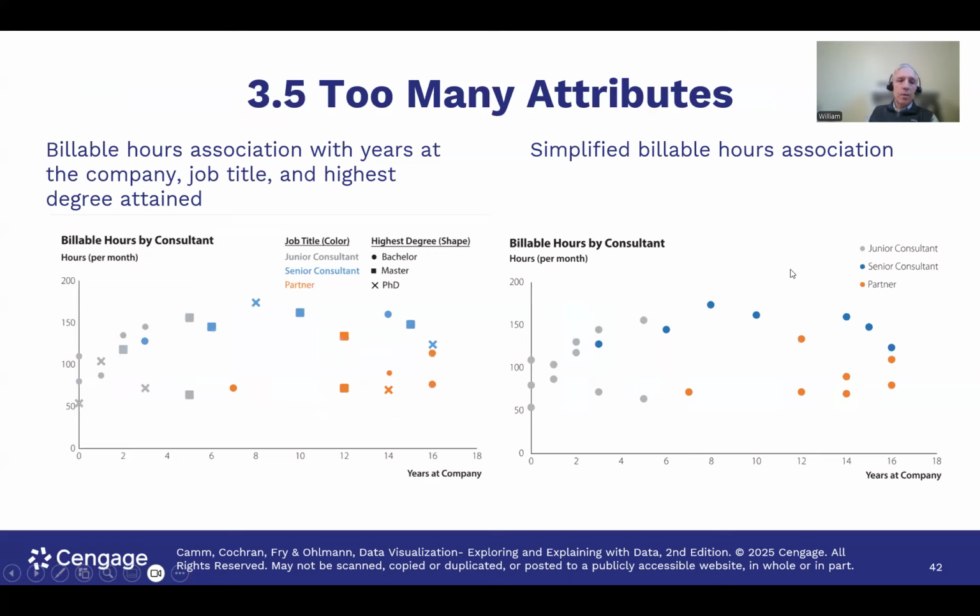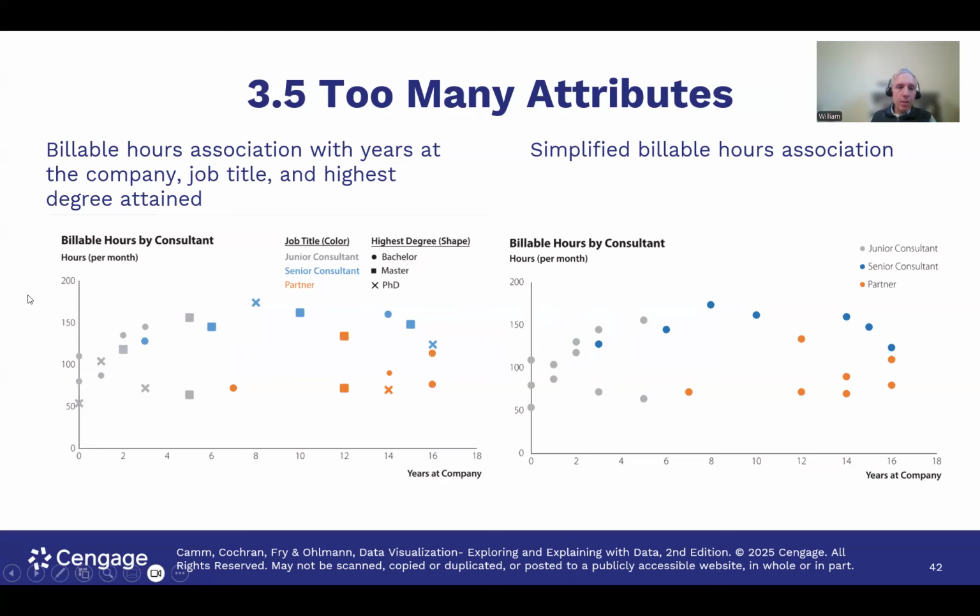Now, this chart on the left is one where they're trying to do too much. They're just trying to accomplish too many things. They've used pre-attentive attributes, some Gestalt principles, I think, to try to communicate too much.